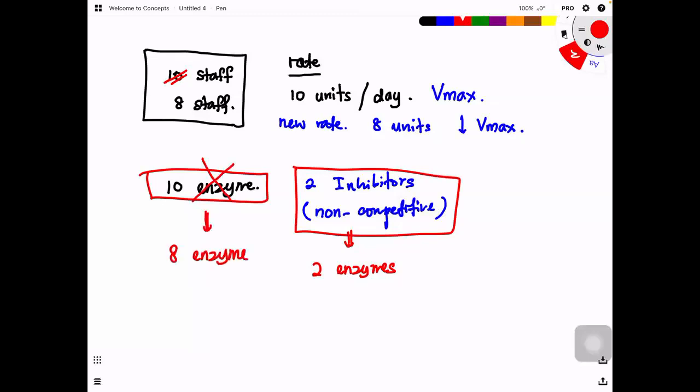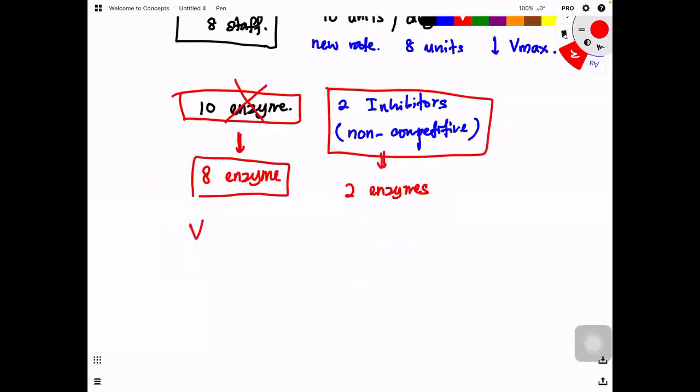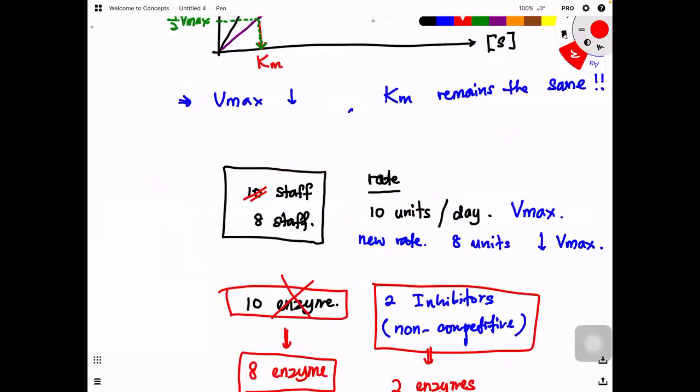Even though I actually have 10 enzymes, only 8 of them are working. 2 of them didn't work. Why? Because they are already paralyzed. They can't do anything because the inhibitor binds permanently. So they are gone already. Only 8 enzymes can function. So definitely Vmax is lower. Why is Vmax lower?